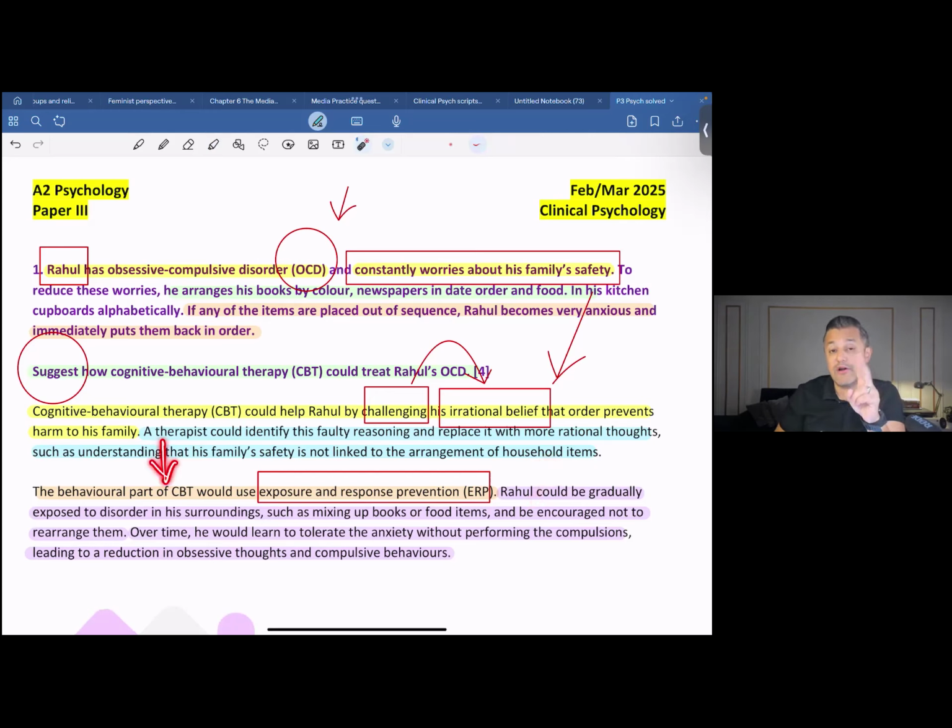In the second paragraph, you have mentioned the behavioral aspect, right? And you'd get the fourth mark when you write down how the ERP technique could actually be used in Rahul's situation to treat him for his OCD. So this is how I feel you should not lose any marks if you write anything that is structured in this particular manner.